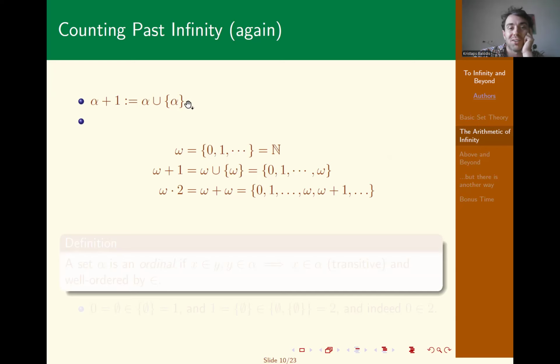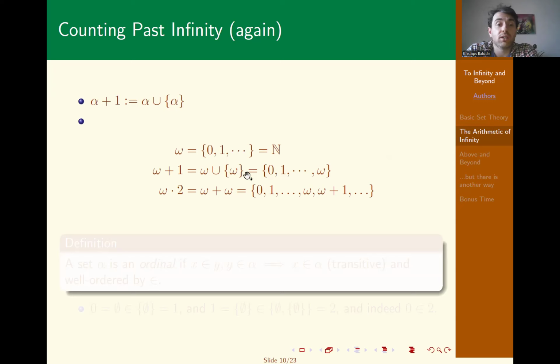So we might wonder, what's infinity plus one? We take our first infinity, the set of natural numbers, omega. Infinity plus one would just be omega union the set containing omega. And it's then this sort of strange ordered set. So cool, we can count past infinity another way.